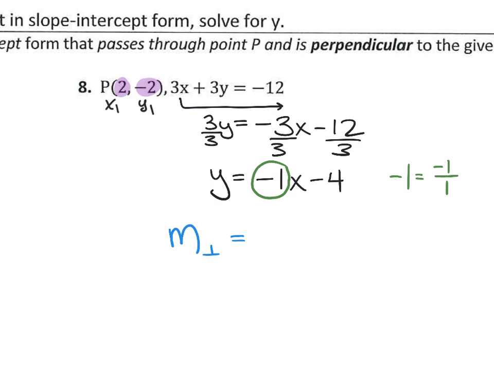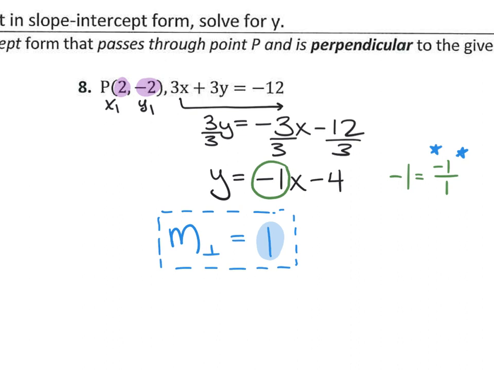Remember, we flip and flip. How do you flip this number over? Positive 1. So we flip the fraction, we change the sign. We're going to use the number 1, which is the same as 1 over 1. There's my perpendicular slope that we're going to use in our equation.